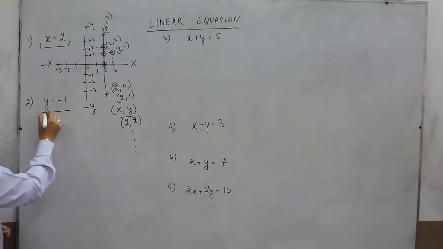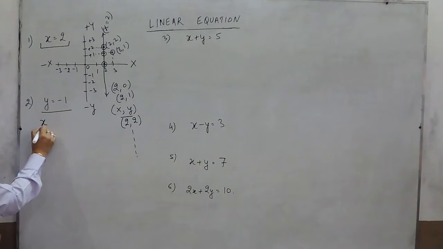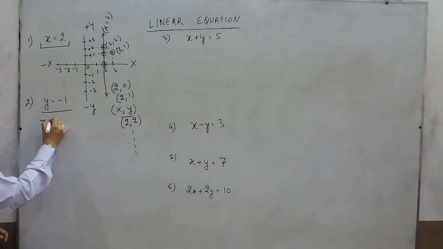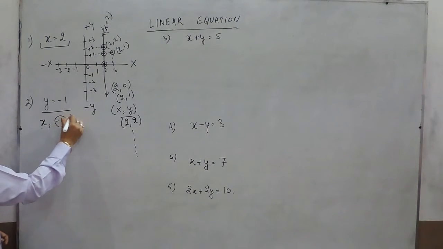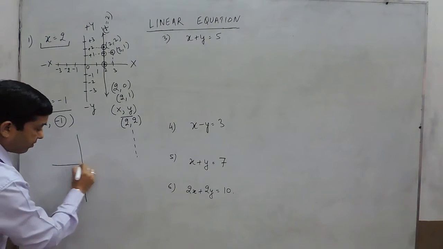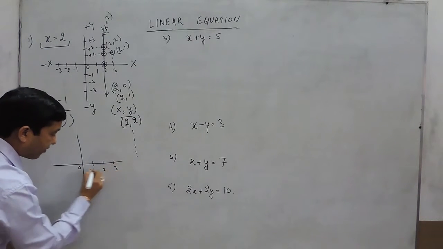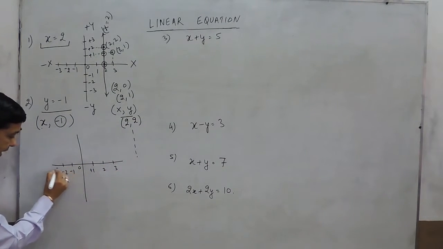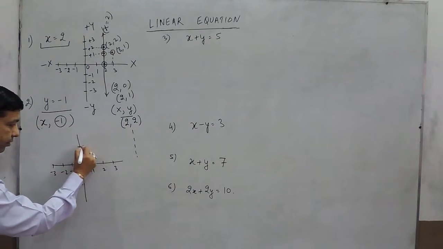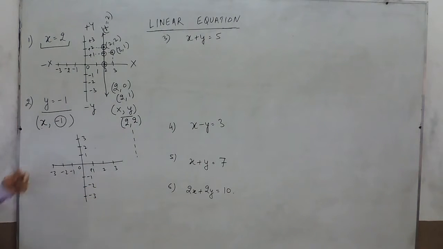Again, when I am talking about y is equal to minus 1, that actually means that whatever the value of x is, whether it is 1 or 2 or 3 or minus 1 or minus 2, the value of y will remain minus 1. That is the meaning of y is equal to minus 1. Again, if we draw on the graph, whatever the value of x, the y will remain minus 1.